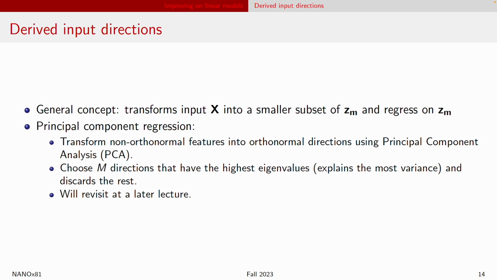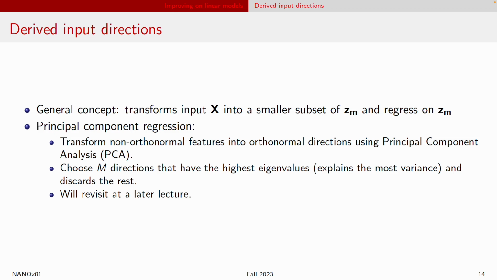Derived input directions simply says that instead of using my input matrix X directly, I'm going to transform that vector space into a smaller subset of vectors called Z of M, and then I'm going to perform my linear regression on Z of M in that small subset rather than performing my linear regression on my entire feature space.